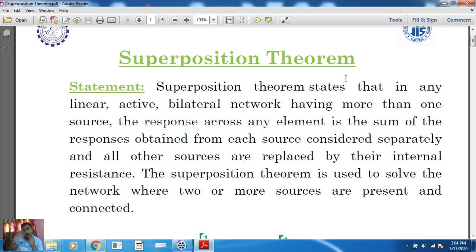Then we consider the other sources individually and find the current and voltage in each branch for that source only. At the end we sum up the branch currents and branch voltages, and that gives the branch voltage and current when all the sources are acting together. That is depicted in this statement.